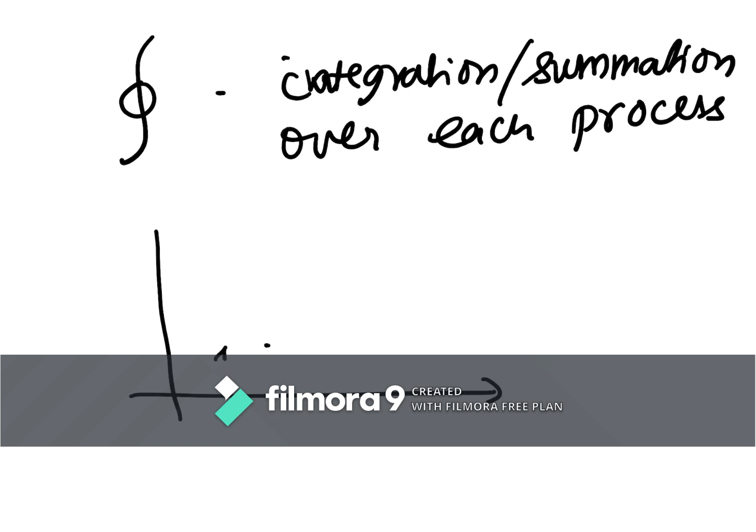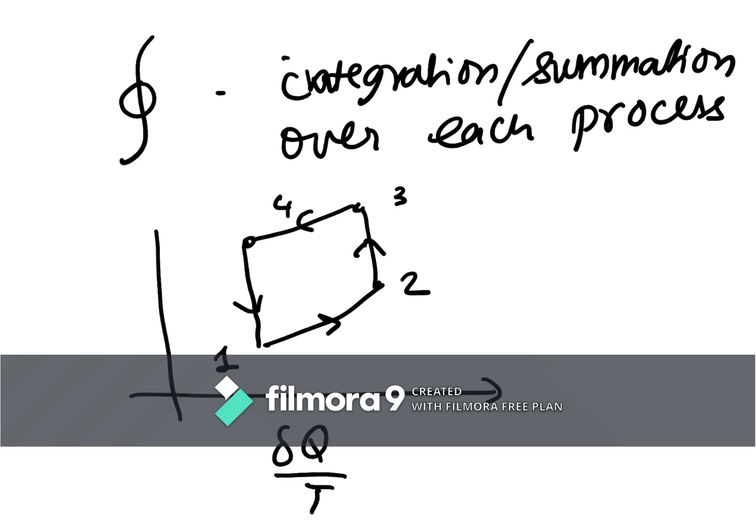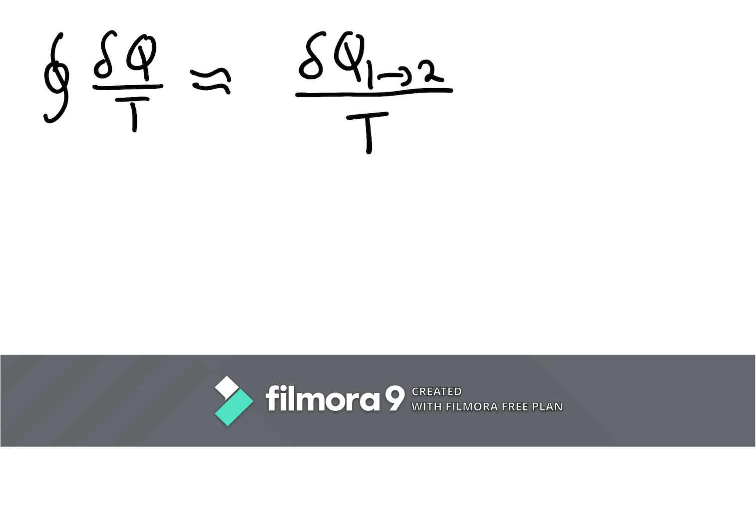If I have a process, for simplicity, 1, 2, 3, 4, and then back to 1, the cyclic integral of delta Q over T is practically equal to the heat change in process 1 to 2 divided by the temperature at which this heat transfer takes place, plus the same for the other steps.